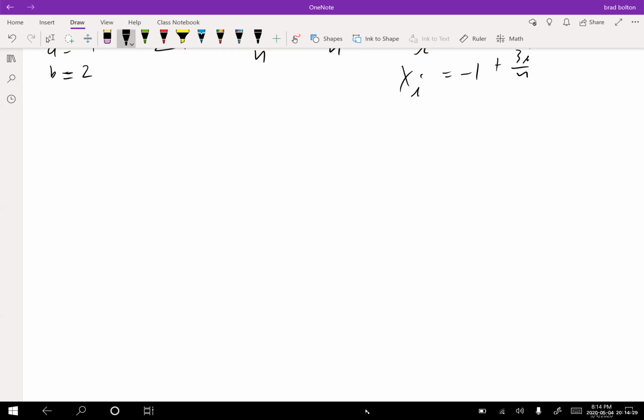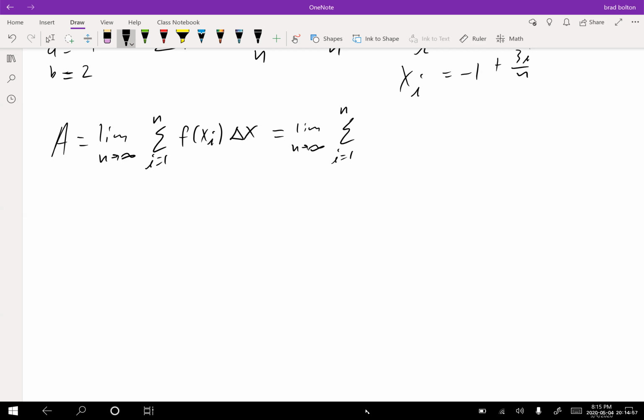So we have a formula that says area equals the limit as n approaches infinity of the sum i equals 1 to n of f of x sub i times delta x, right? That's our formula, okay? So let's plug in what we know. Now, f of x sub i means that whatever x sub i is, you plug it into f of x.